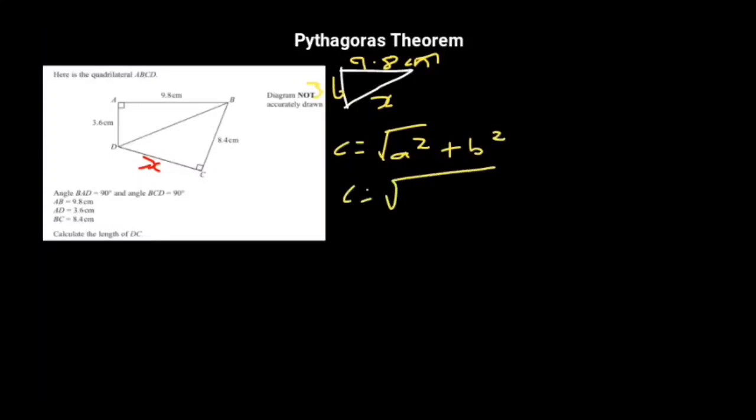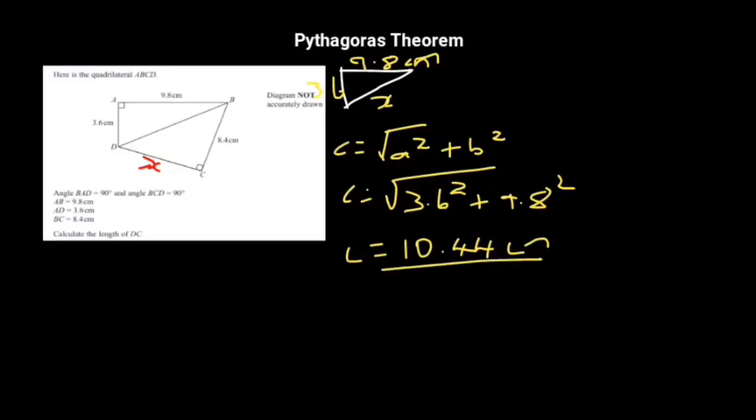So substituting our values, we have the square root of 3.6 squared plus 9.8 squared, and solving that, we have C is equal to 10.44 centimeters. Always write your units. Don't ever forget writing your units, okay?